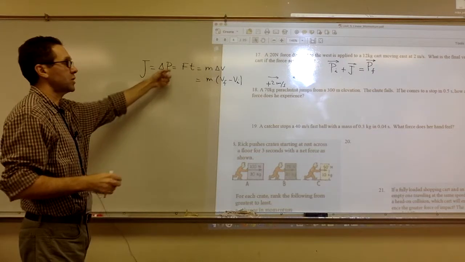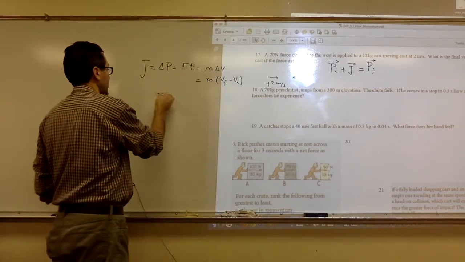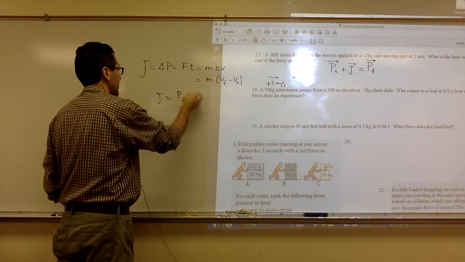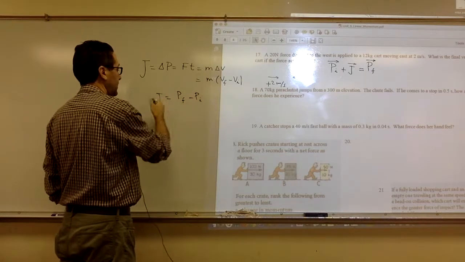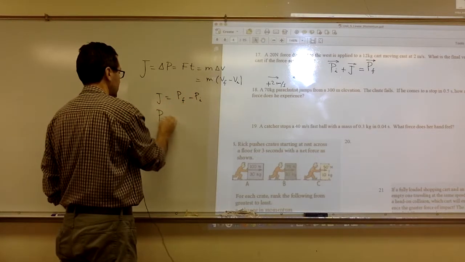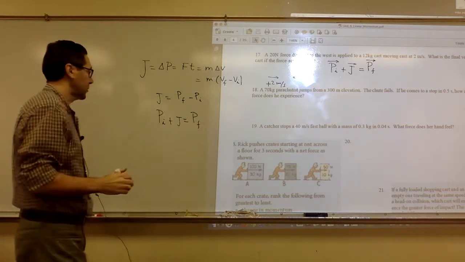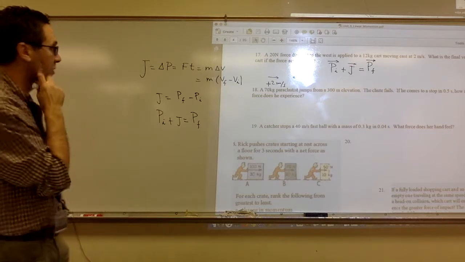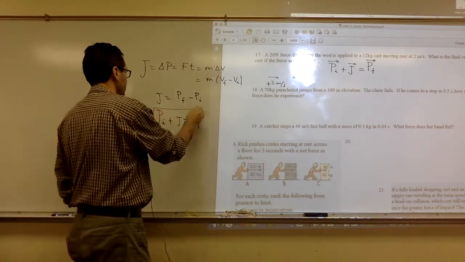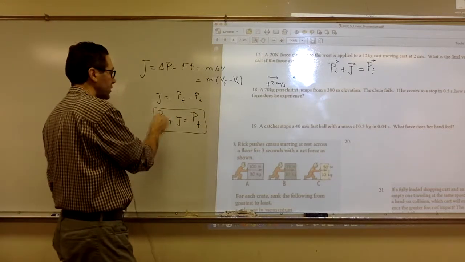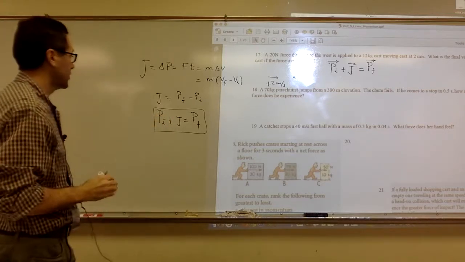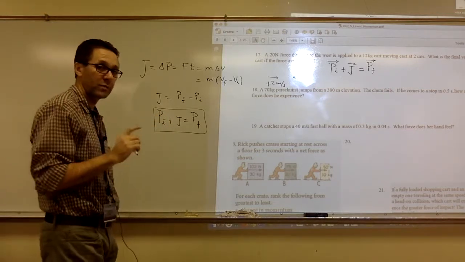Impulse equals change in momentum. In other words, impulse is final momentum minus initial momentum. If I add the initial momentum to both sides, I get initial momentum plus impulse equals final momentum. This is going to be very useful, especially when we do the bar charts for momentum.